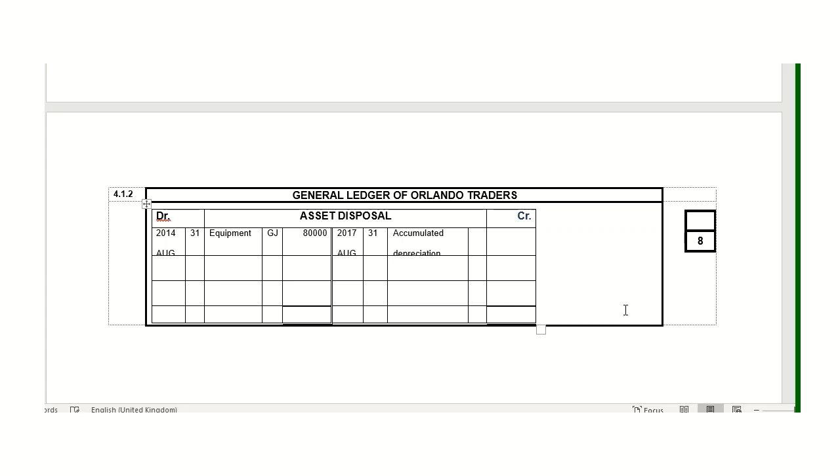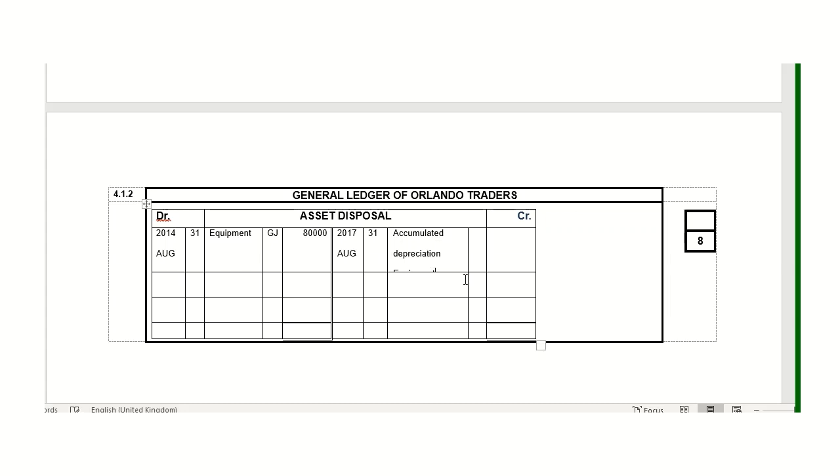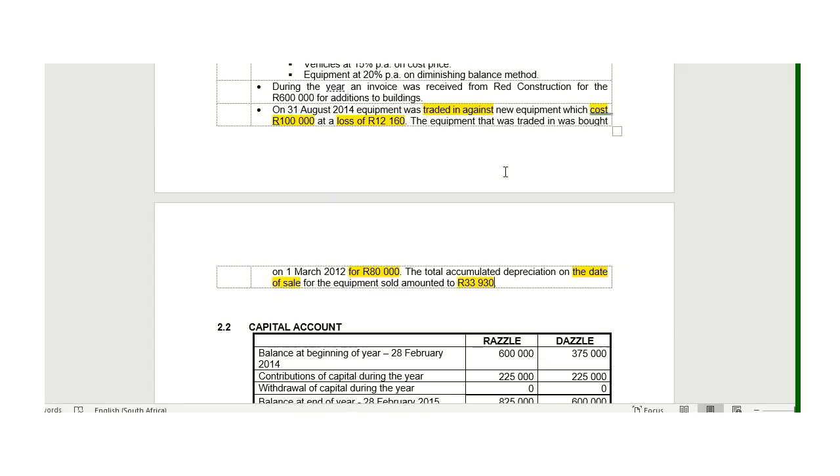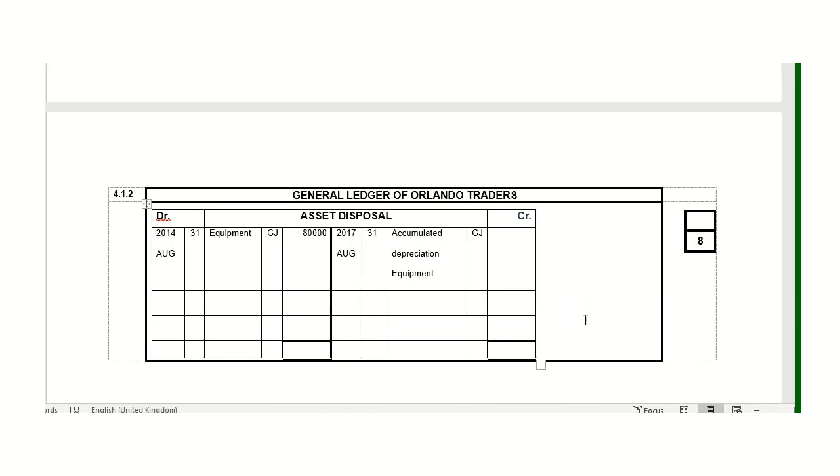Okay, let's just see if we can get this one a bit bigger. Good. Accumulated depreciation equipment. It will still be on the general journal. All these transactions we will do on a general journal, and I can remember that they gave it to me accumulated on the date of sale, 33,930. So the amount is 33,930.